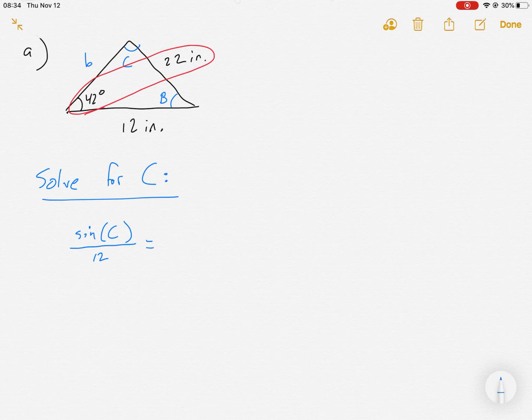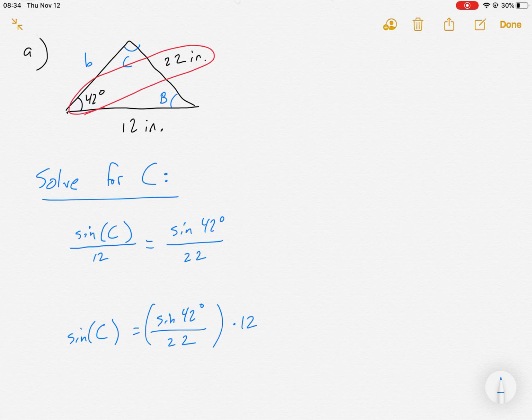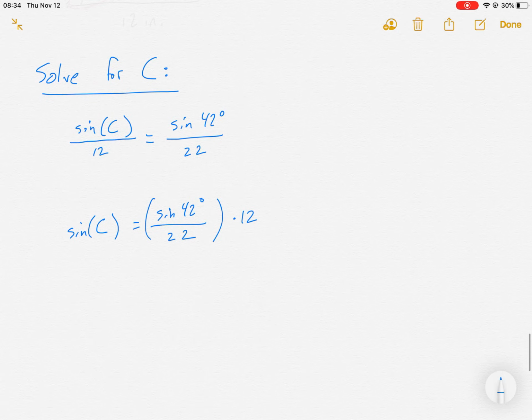This has to equal the ratio sine of 42 degrees over 22. So if we're solving this, I'll first multiply the 12. So I'll end up with sine of C equals sine of 42 degrees over 22 times 12. And then I'm taking sine inverse of both sides. So I worked all this out beforehand. You can do some intermediate steps.